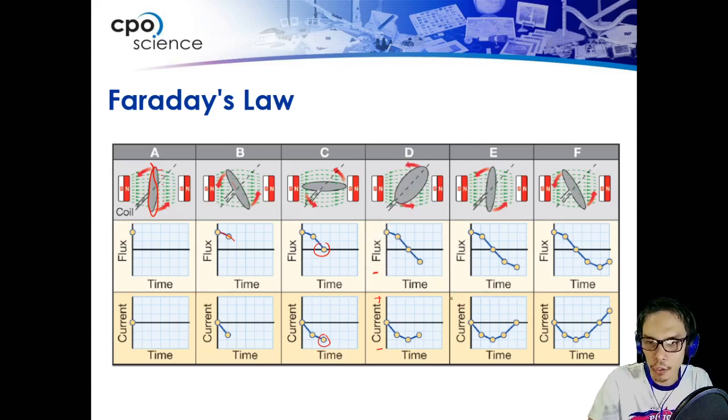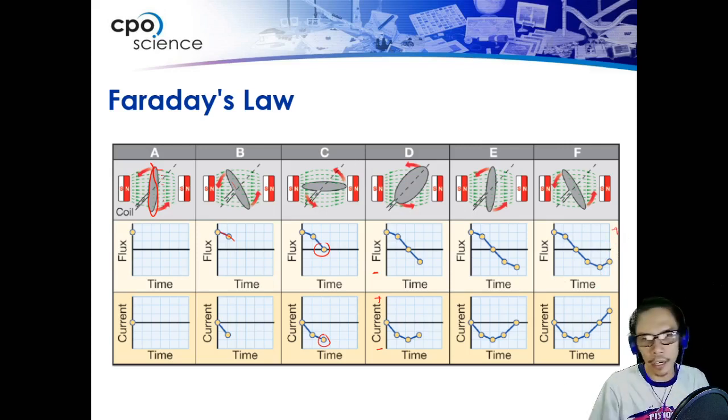Again, the maximum flux is achieved at its perpendicular, so the current will go back to its baseline. Then as it moves again one more time to the other direction, it goes back to the positive side of the diagram.